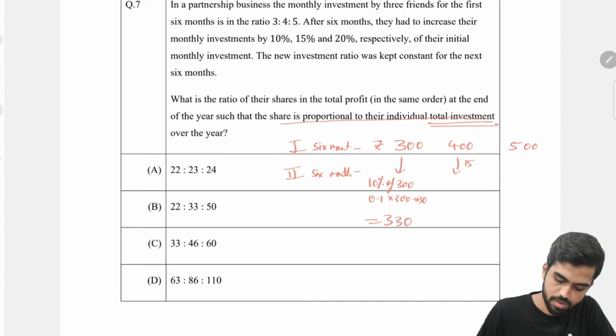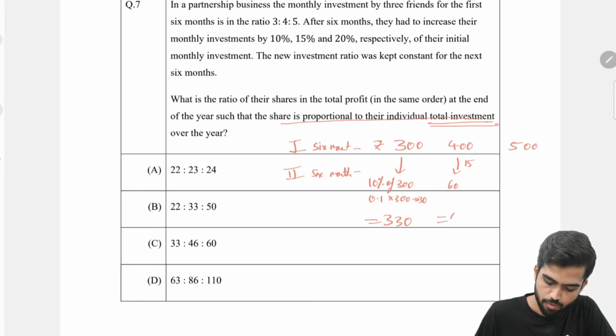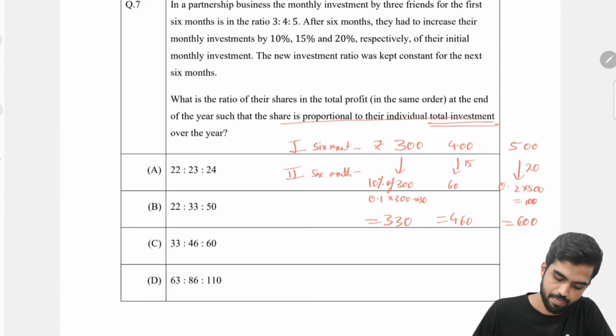For 15%, 0.15 into 400 would be 60 rupees, so the investment would be 460 rupees. For an increase of 20%, 0.2 of 500 would be 100, so it would be a total of 600 rupees.